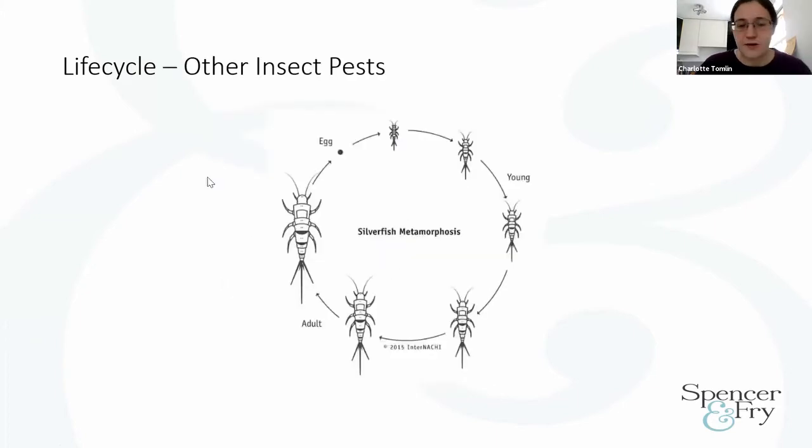One that I'm just going to look at is the life cycle for a silverfish, but it can also represent the life cycle for a book louse. So instead of the larval stage, an adult silverfish lays an egg, and then instead of larva, it has young. These are often called nymphs, and they look exactly like the adult insect, except they're smaller, more translucent.